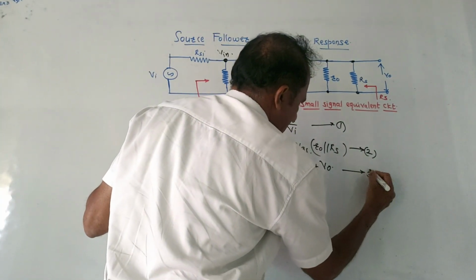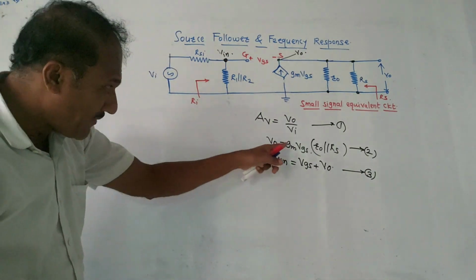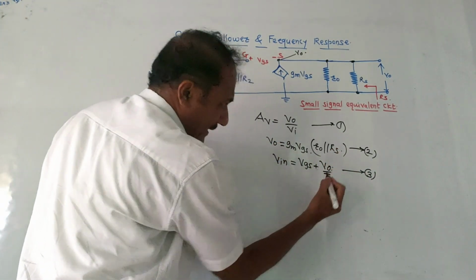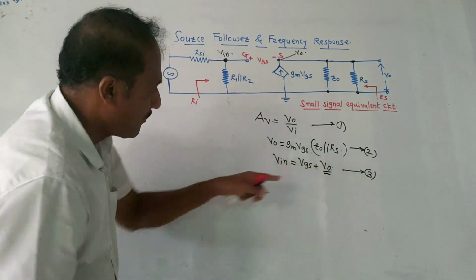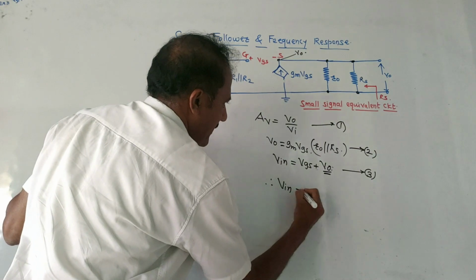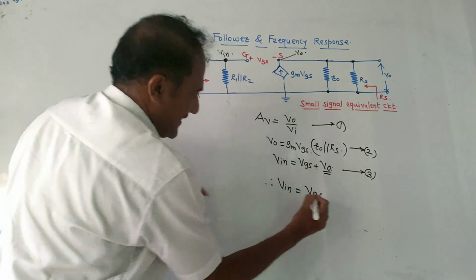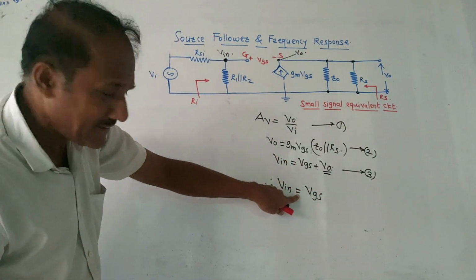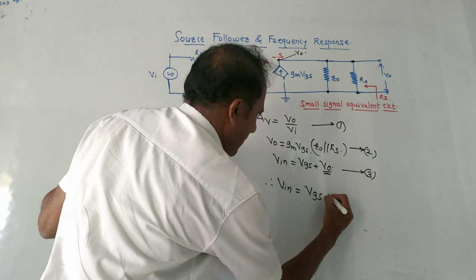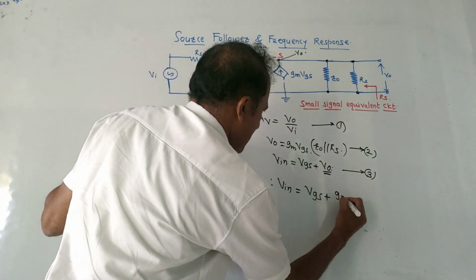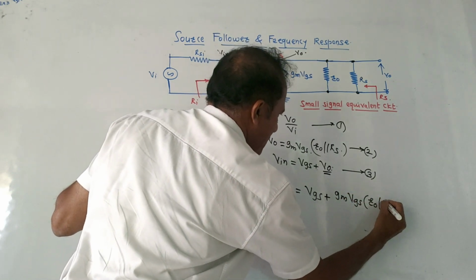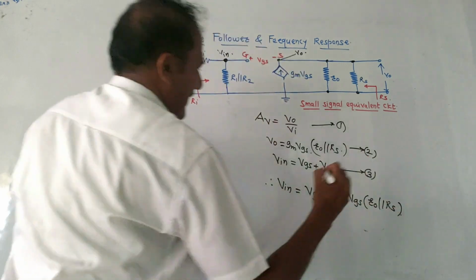Say equation number 3. Now put the value of V0, that is, put equation 2 in equation 3. In place of V0, we have to put equation 2 here. So I will get a new equation: V in is equal to VGS. This VGS I am keeping as it is. In place of V0, the whole term has to be put. So plus GM VGS in the bracket R0 parallel RS.